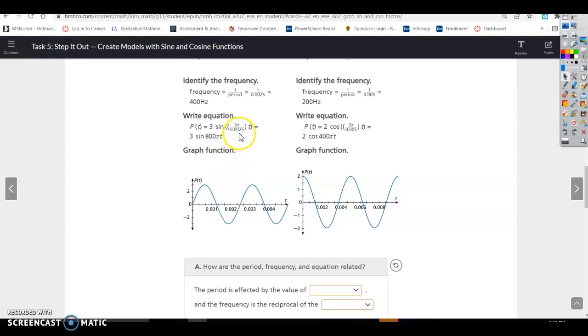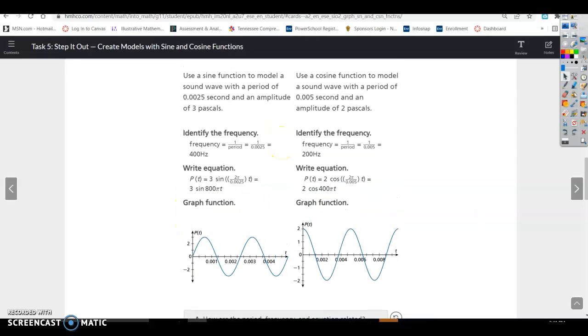It goes from 0 to 0.0025, and you can see that is one complete cycle. So that's where the period came from, that horizontal distance there. And the amplitude goes from 0 to 3, and then this is the midline, so it would also go down to -3.